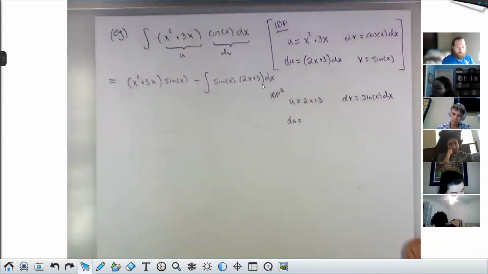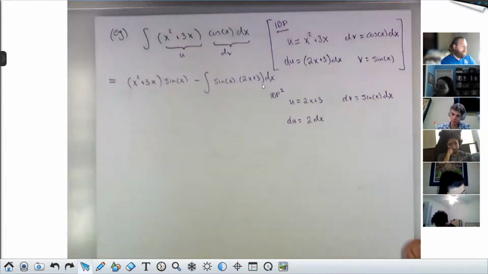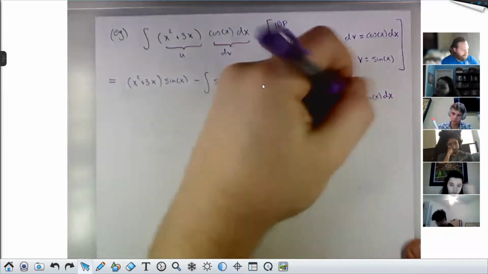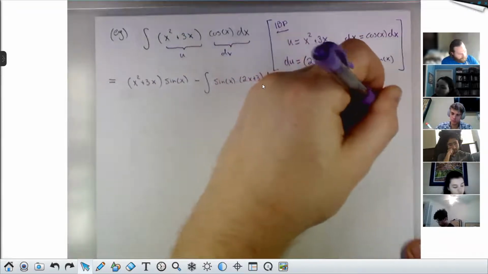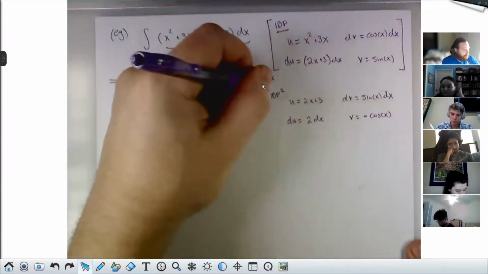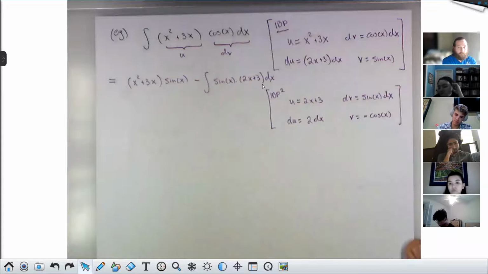If u is 2x plus 3, then du is 2 dx. The derivative of 2x plus 3 is just 2. And if I integrate sine of x, I get negative cos of x. So here's my second little integration by parts table.